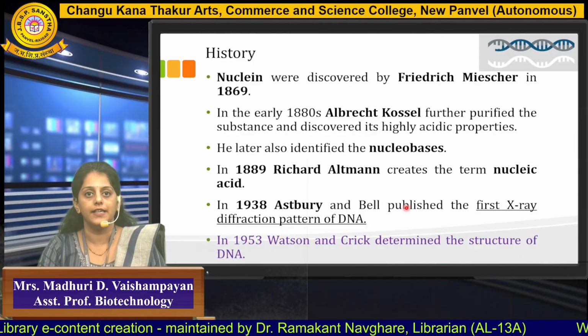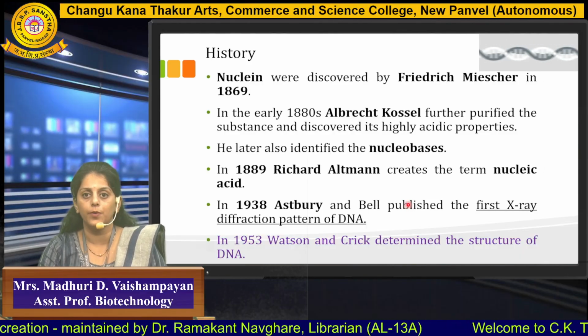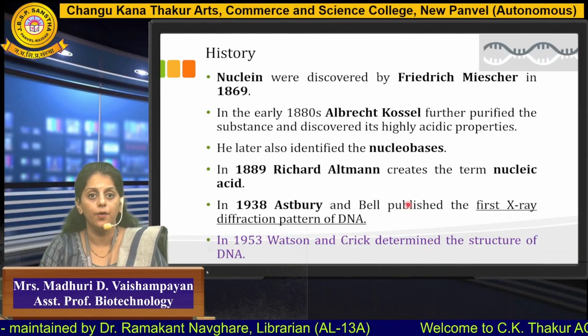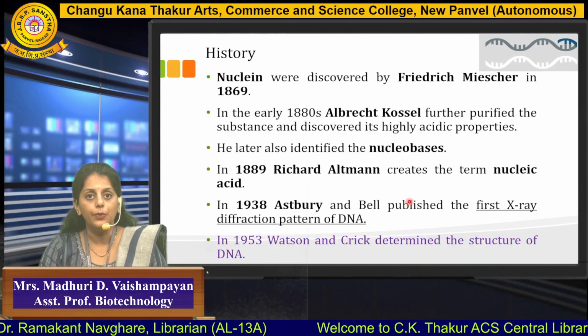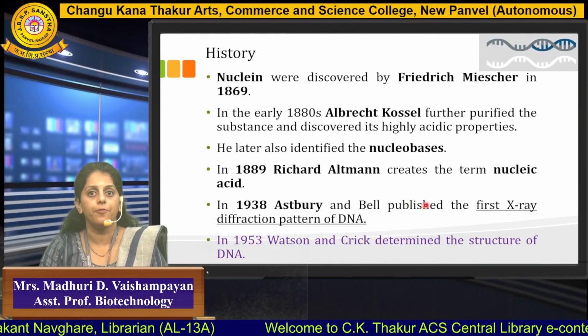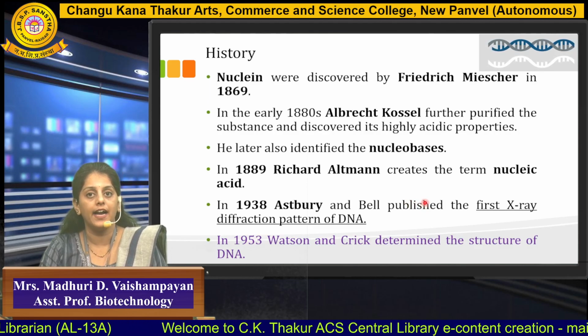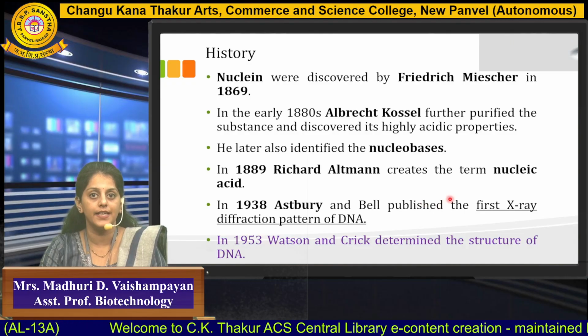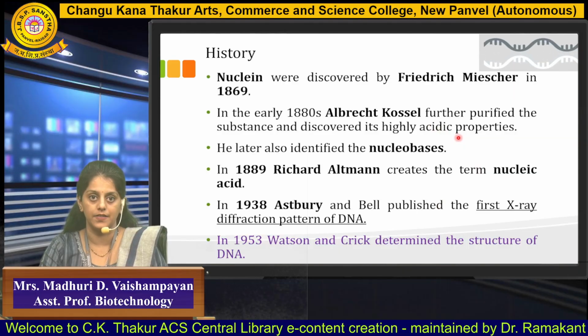This is the short history where we started with nuclein and reached the structure of DNA. It started in 1869, when the term nuclein was discovered by Friedrich Miescher. In 1880, Albrecht Kossel further purified the substances and identified their highly acidic properties.